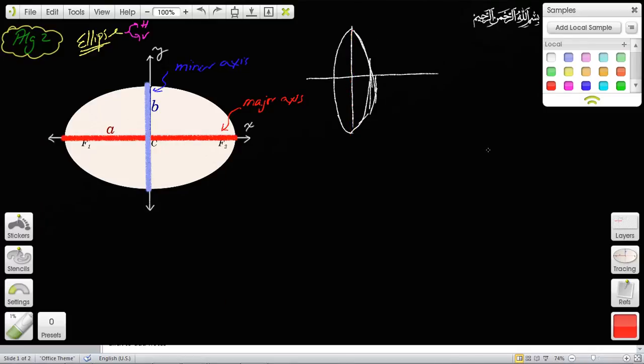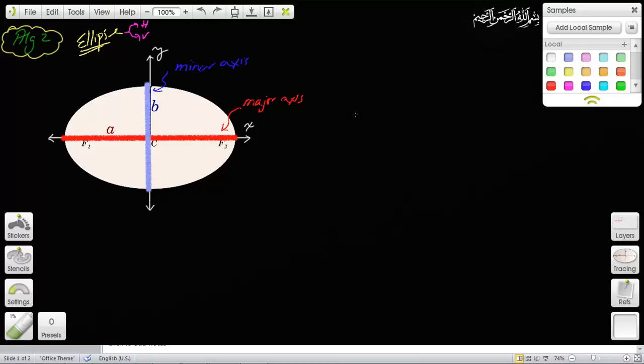Okay. So that's how you tell if it's a horizontal or vertical ellipse. Okay. So now, why is this a horizontal ellipse? Well, it looks like it's sleeping. I know you can't say that. You have to say a horizontal ellipse is where the major axis is horizontal, and a vertical ellipse is where the major axis is vertical.